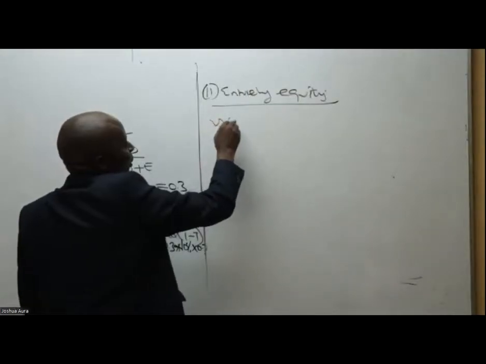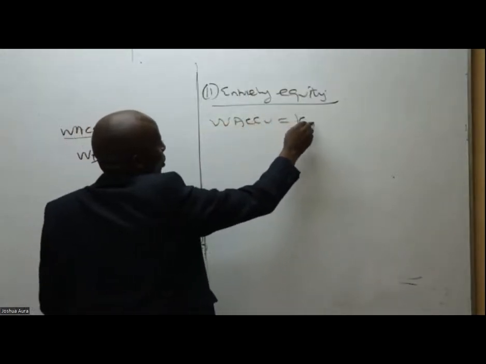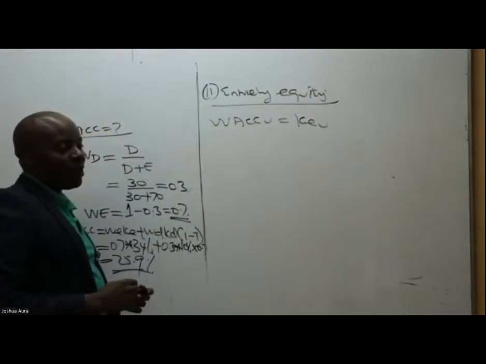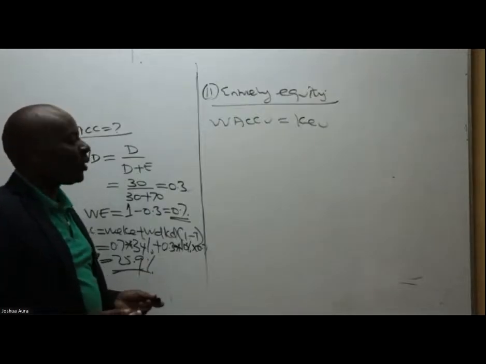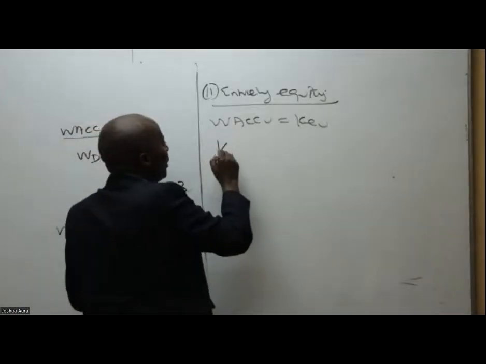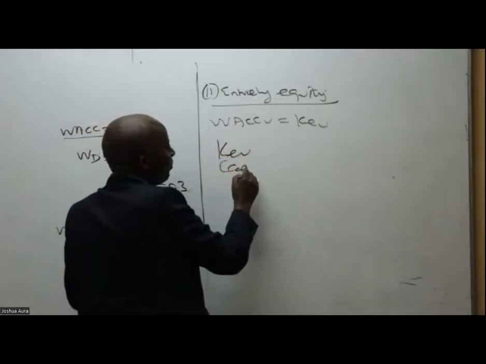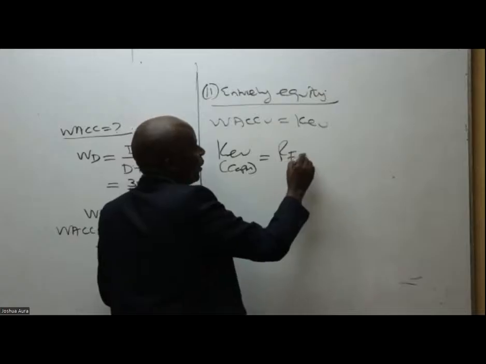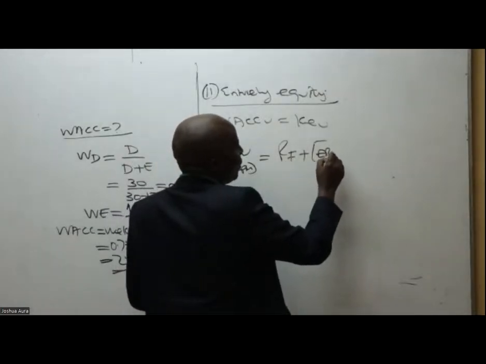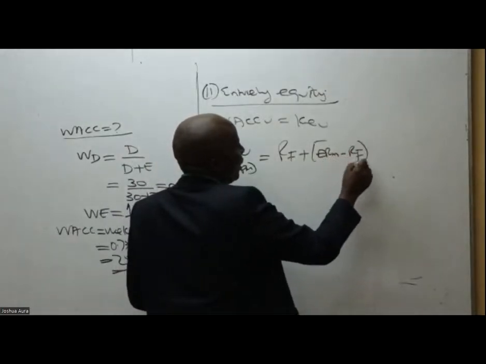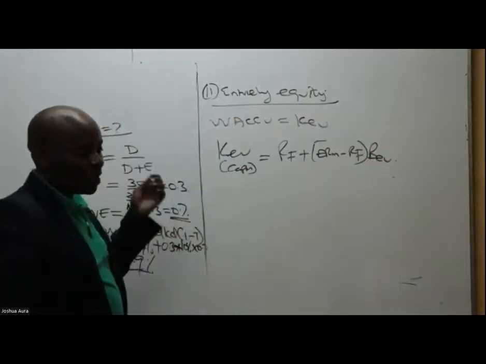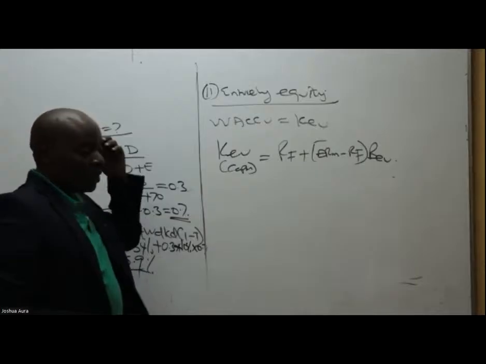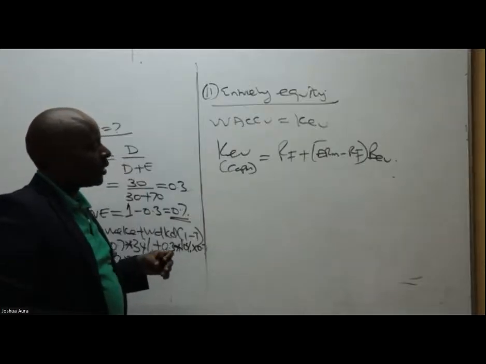Entirely equity, I know WACC of the unlevered firm equals Ke, the cost of equity. To get Ke using CAPM, I take the risk-free rate plus market return minus risk-free, multiplied by beta.